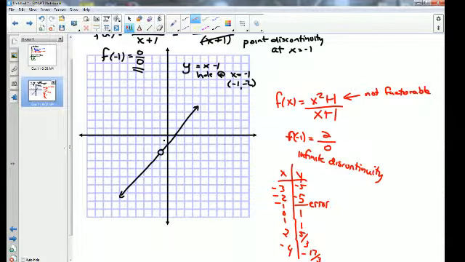Okay. So if our infinite discontinuity is at -1, vertical asymptote.